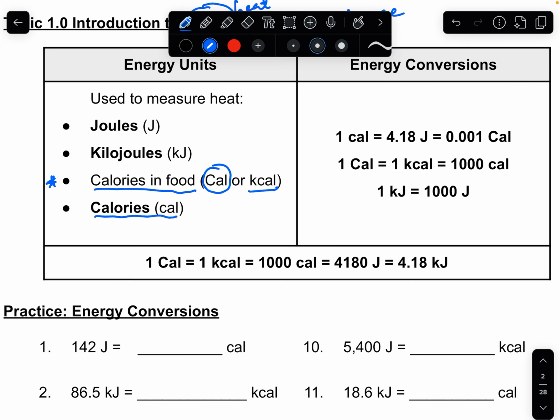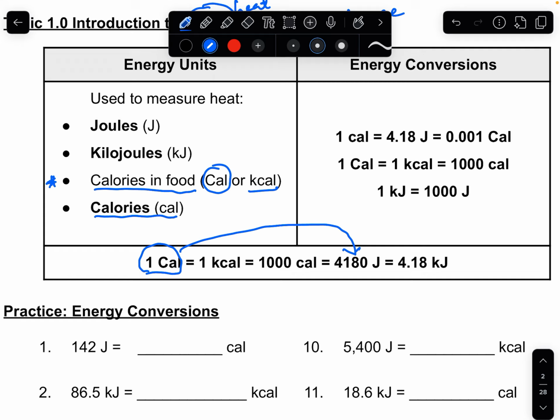That's it. Okay, so here, say for example, you are converting one food calorie, which is CAL, capital CAL, which is kilocalorie, into joules. You are using this conversion factor.